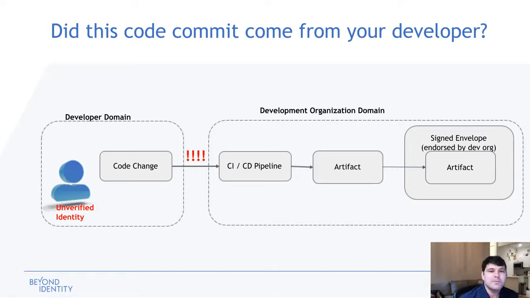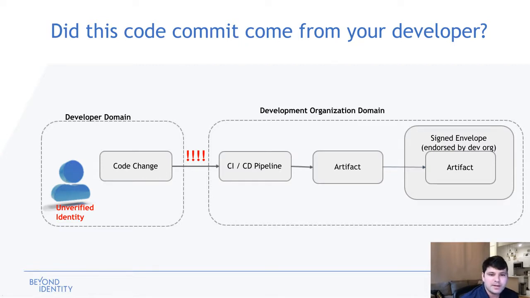It can't confirm that it was contributed from an authorized corporate identity. So today, most organizations inherently trust code changes that are submitted from the developer's domain. And the actual source code change, which is submitted to the pipeline, is rarely signed.